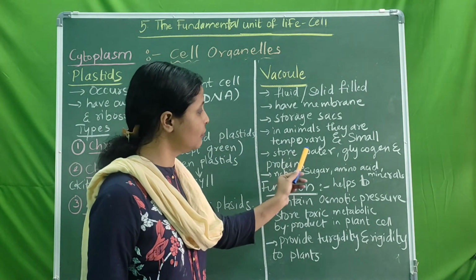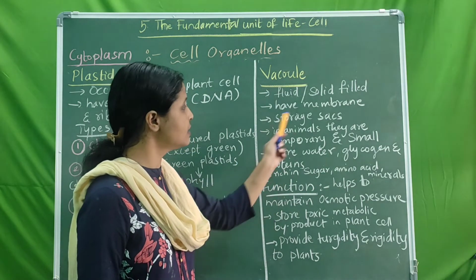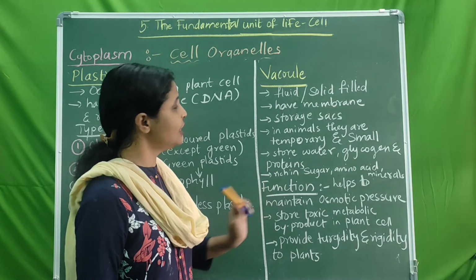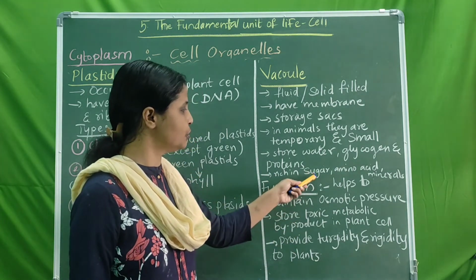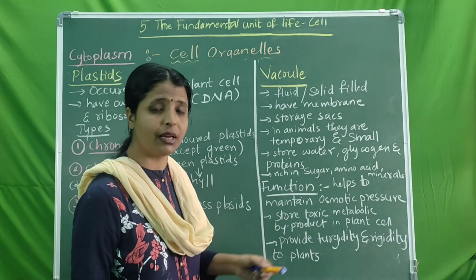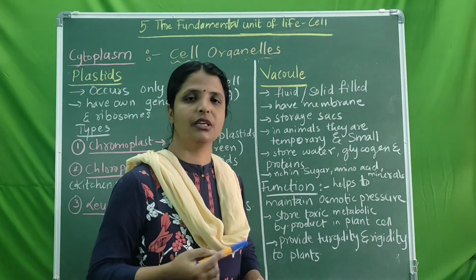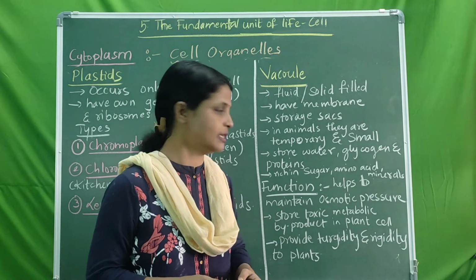They store water, glycogen and proteins. So they are called storage sacs. Vacuoles are usually rich in sugar, amino acids and minerals. You know very well what amino acids are? They are nothing else but the proteins which are broken down into smaller particles. They are called amino acids.